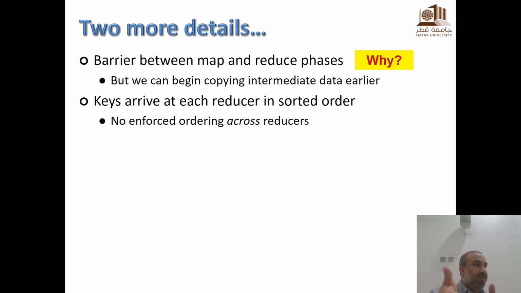And that's why the partition function will help us to assign. So one reducer can process, sequentially, a number of keys. What will happen is that these keys will be sorted, and that's a side effect of how shuffling works.